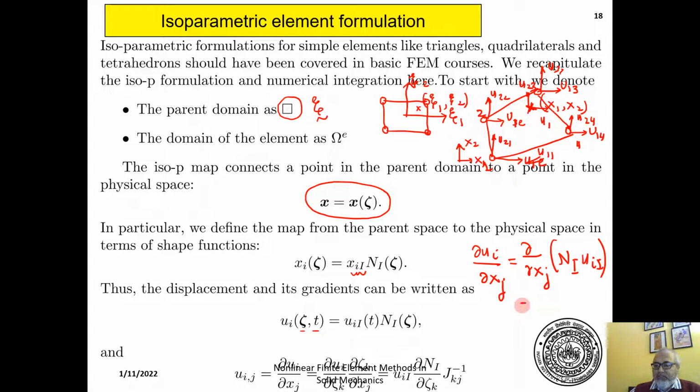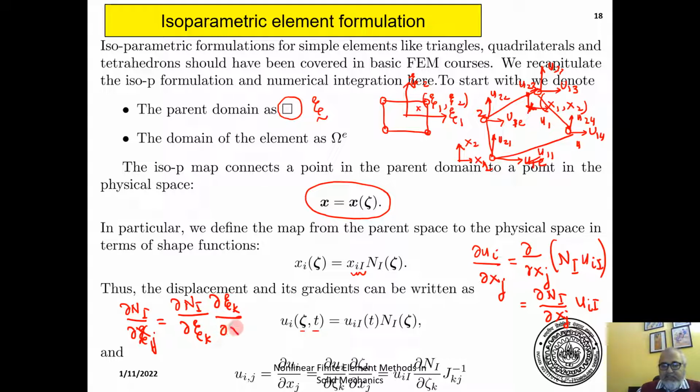The uiI are not functions of x, therefore I have to do del NI del xj times uiI. Now NI is a function of zeta, so the NI are defined in the parent coordinates, and therefore to do del NI del xj we need to use the chain rule. So del NI del xj equals del NI del zeta k times del zeta k del xj.